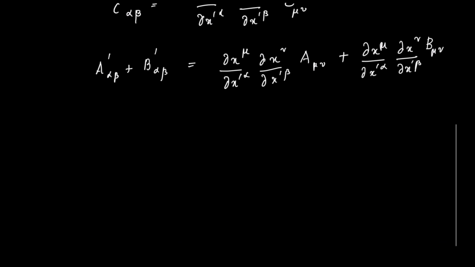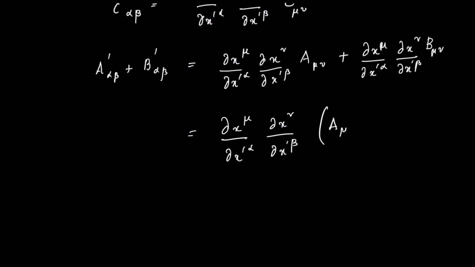But here we can see that I can take out the common. So if I take out partial derivative of x mu with respect to x prime alpha and partial derivative of x nu with respect to x prime beta, then I'll get A mu nu plus B mu nu, right?